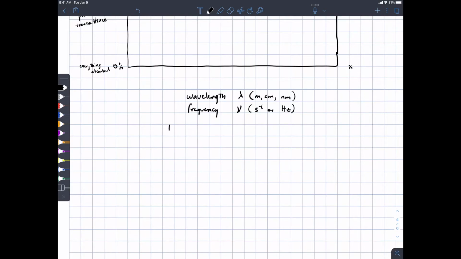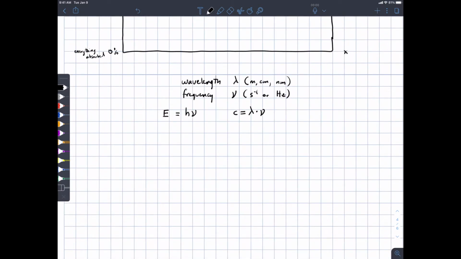So the energy of a photon is equal to Planck's constant times its frequency, right? And the speed of light is also equal to wavelength times frequency. That's physics. So we could combine those two and say that energy is related to Planck's constant times the speed of light divided by wavelength.